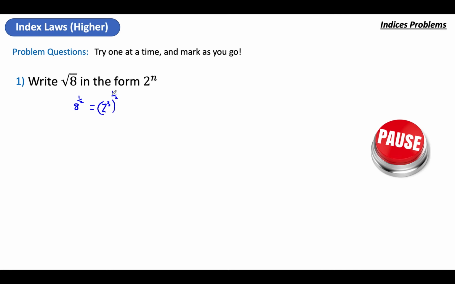And it's 8 to the power of a half. And then I'm going to use my standard rules for indices. When a power is raised to a power, you multiply the 2 powers. So 3 lots of a half is 3 over 2. It is now in the form of 2 to the power of something. And that's what this means here. It doesn't mean we need algebra in there. We just need to have 2 to the power of something. It's just another way of writing that question out.